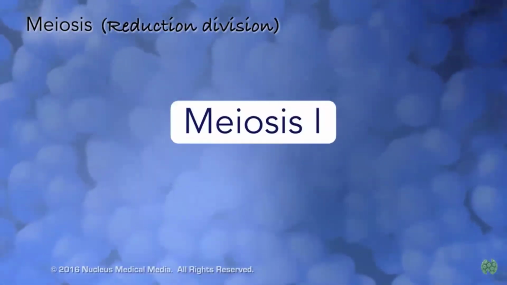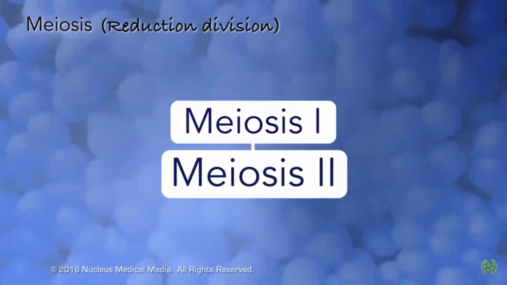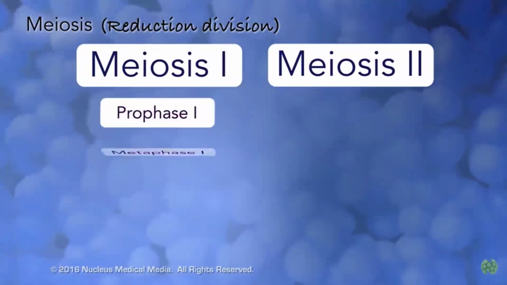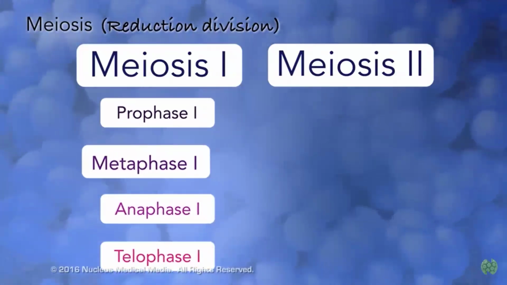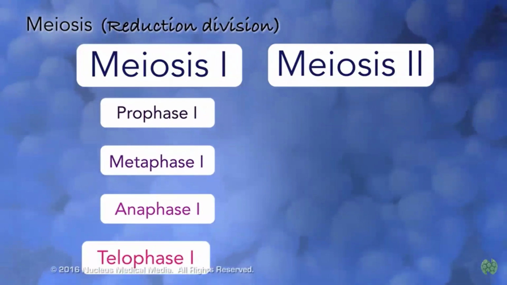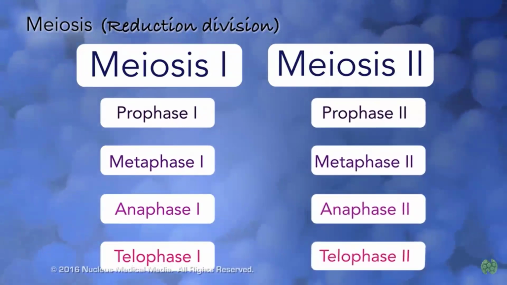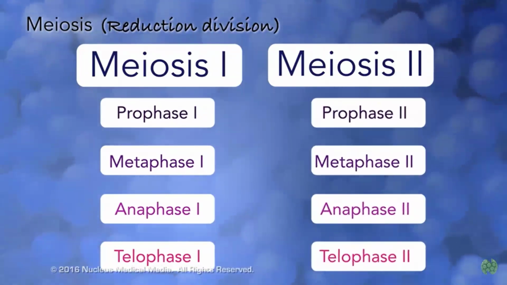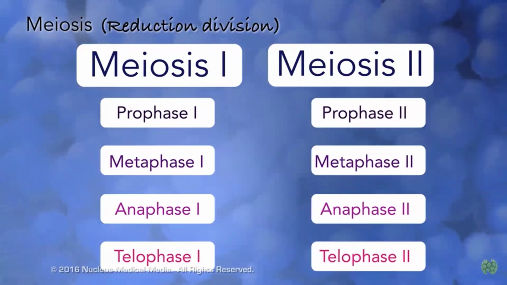Meiosis is broken down into 2 stages of cell division, called meiosis 1 and meiosis 2. Meiosis 1 has 4 phases: prophase 1, metaphase 1, anaphase 1, and telophase 1. And meiosis 2 also has 4 phases: prophase 2, metaphase 2, anaphase 2, and telophase 2.